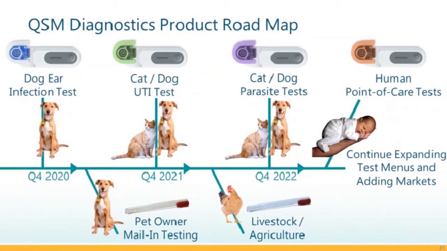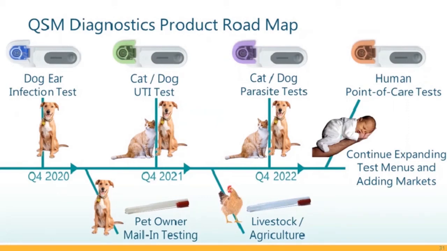I already mentioned the UTI product that's in development. Currently, we're also looking at parasitic tests, so small things like hookworm, roundworm, giardia, various fungi and yeast. They also produce QSMs and virulence factors that could be tracked this way. The nice part is on the companion animal side, there's no regulatory constraints the way there are on the human side.